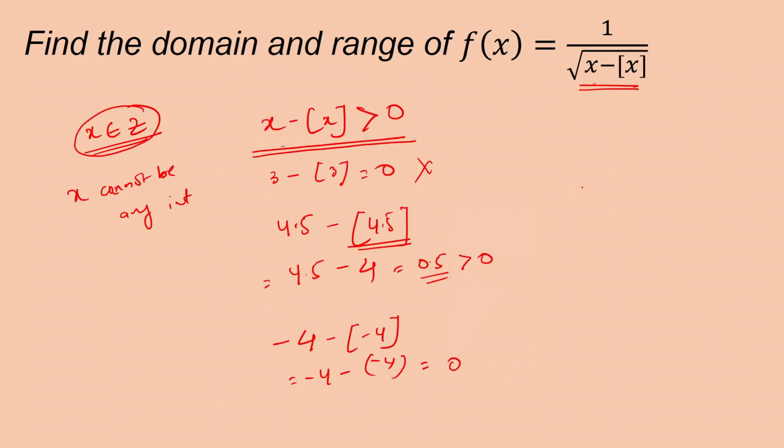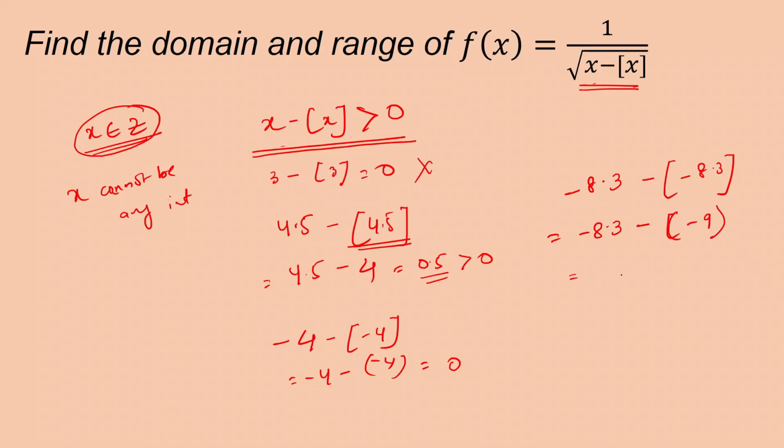And what if you take some negative decimal like minus 8.3? So minus 8.3 minus box of minus 8.3. What is box of minus 8.3? That gives you actually minus 9, right? Because minus 9 is just left to minus 8.3. Make sure you don't mess around with it in an examination.